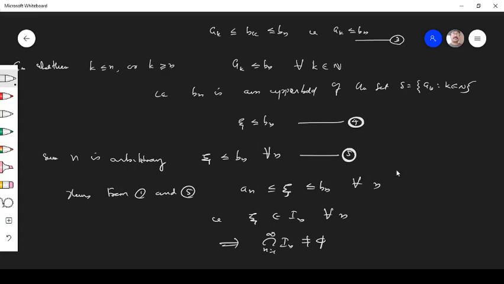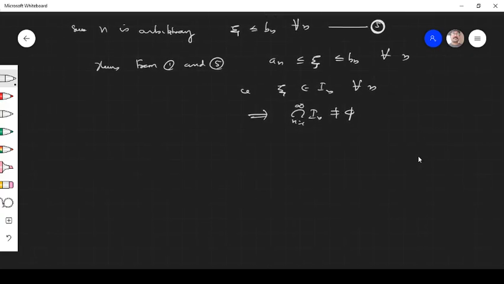So this is the nested intervals property theorem. If In is a nested sequence of closed and bounded intervals, then the intersection of In is non-empty. And the theorem will be violated if any of these conditions fails.